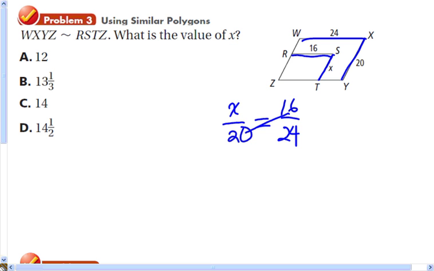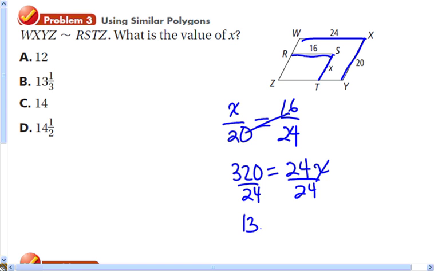And that would tell me that 20 times 16, which is 320, is equal to 24 times X. And if I divide both sides by 24, I get 13.3 equals X. So I'm going to go with answer B here.